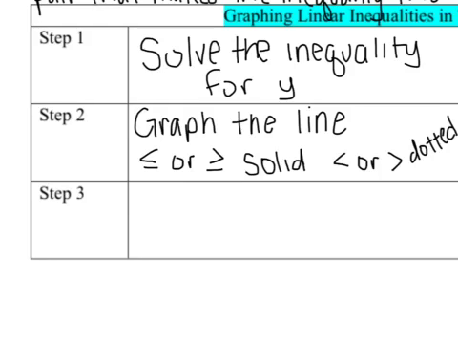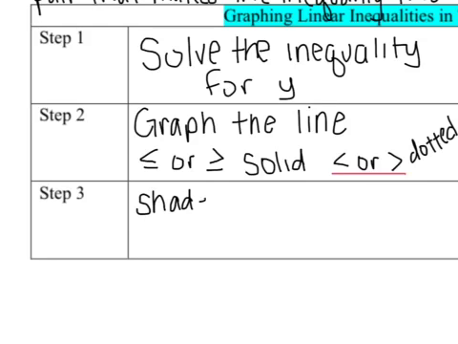If you've got that equal to, then it's solid because you're including the points that the line hits. If you do not have that equal to, then that becomes dotted because you're not including the points that are on the line because it's only greater than that line or less than that line. Then you need to shade.